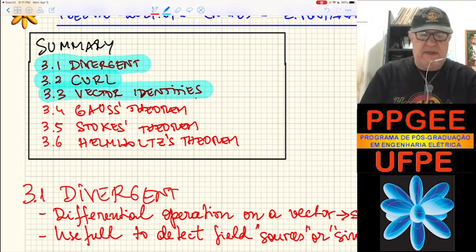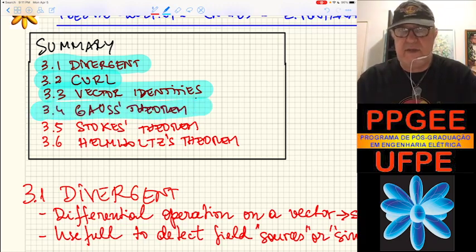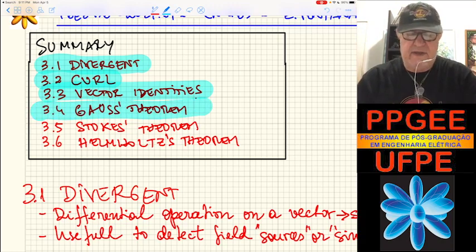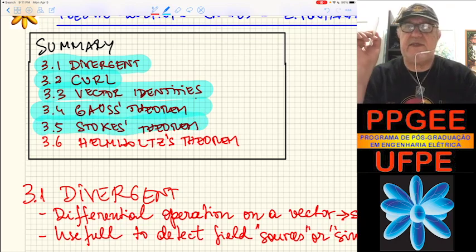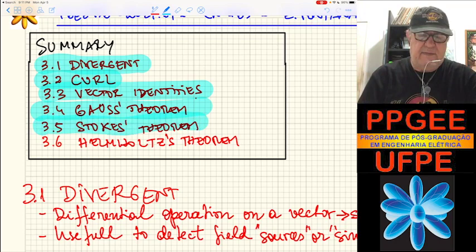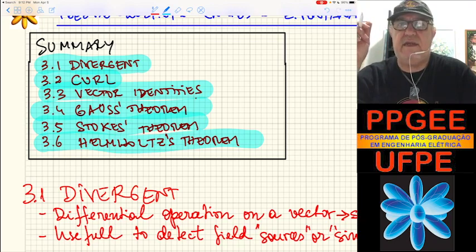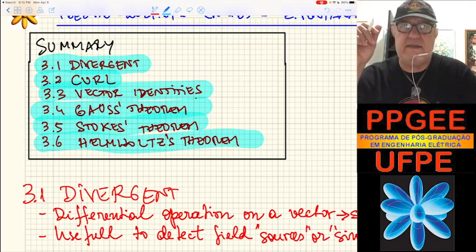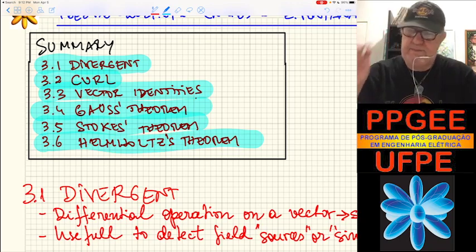Then we're going to talk about Gauss's theorem, which is a generalization of the divergence definition, and also Stokes' theorem, which is a generalization of the curl definition. And finally, an important theorem, Helmholtz's theorem, which gives the required information on a vector field to completely specify it on a domain. Okay.